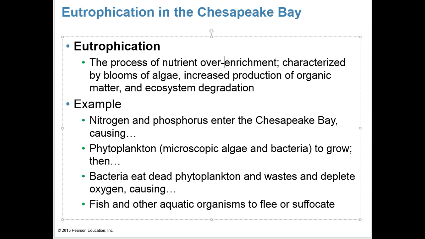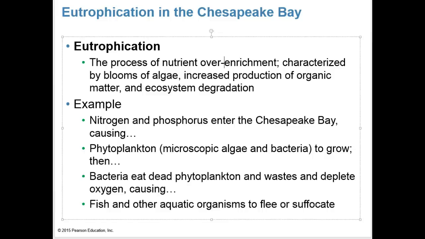For example, this eutrophication is almost like a positive feedback loop in itself. Nitrogen and phosphorus enter the Chesapeake Bay from the watershed. It causes the phytoplankton to grow. Phytoplankton are microscopic algae and bacteria. So they grow kind of out of control because there's so many nutrients available for them. Then they die and they sink to the bottom.